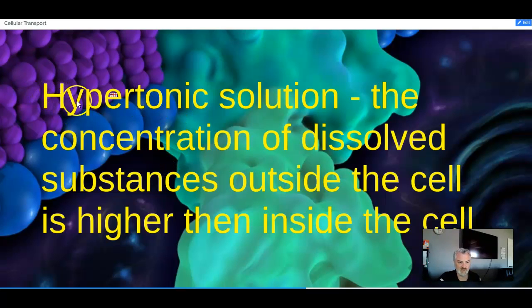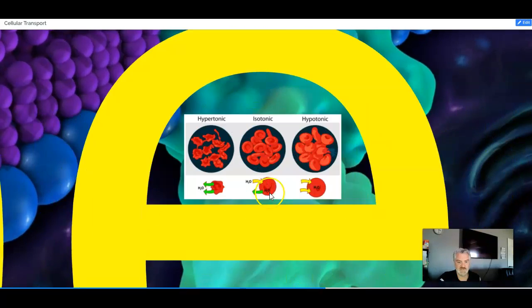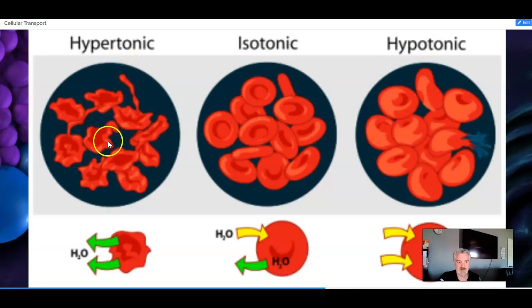So you can kind of remember that hyper with an E, water will exit the cell if it's in a hypertonic solution. And if you look at this picture here, in a hypertonic solution, these red blood cells will lose water, so there's a net movement of water outside the cell, and they will shrivel up and shrink and lose mass. So that is hypertonic.